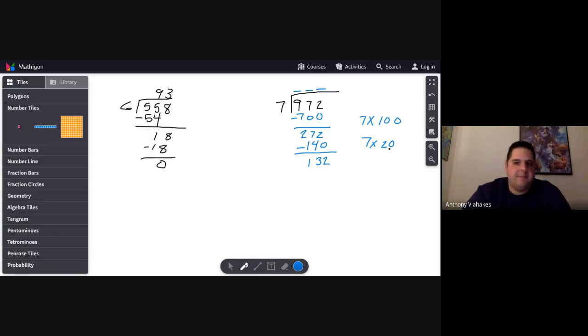So here I made a mistake on purpose, and that means this is still greater than 70, so I can put another 10 in. So 7 times 10 would be 70. All right, and then I'm subtracting. Okay, so now I have 62 left over.